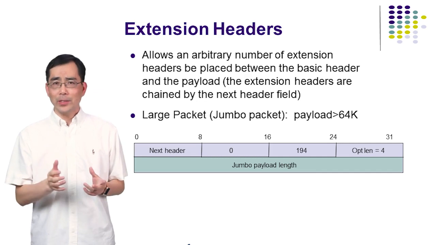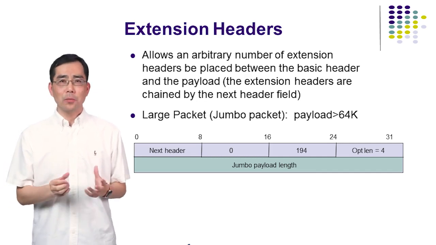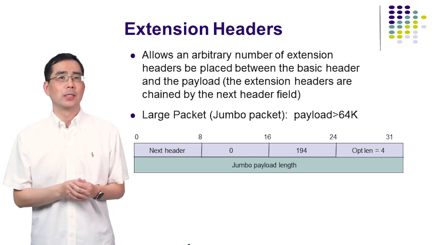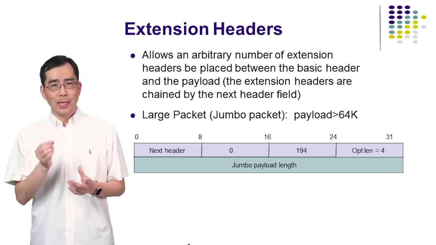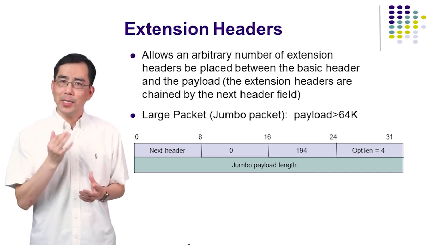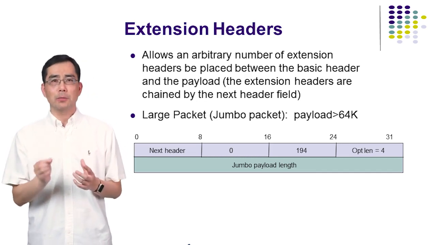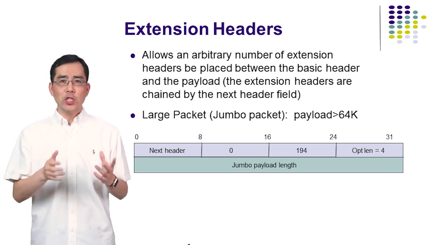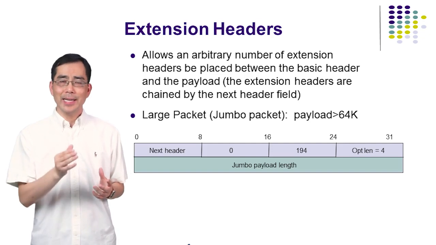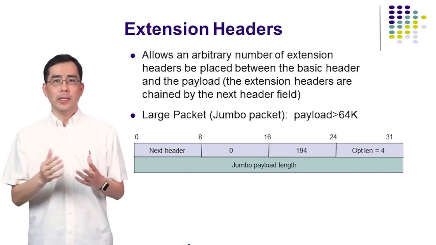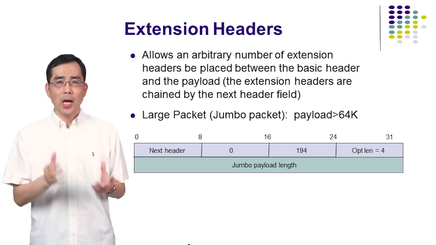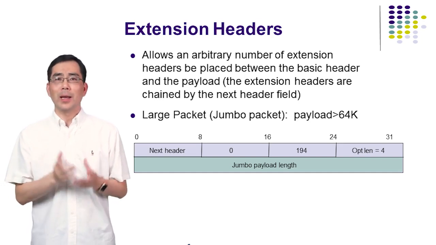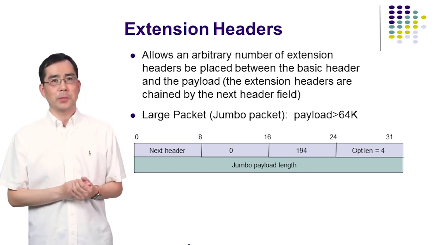To support extra functionalities that are not provided by the basic header, IPv6 allows an arbitrary number of extension headers to be placed between the basic header and the payload. The extension headers are chained by the next header field. Extension headers act like options in IPv4, but are more efficient and flexible.